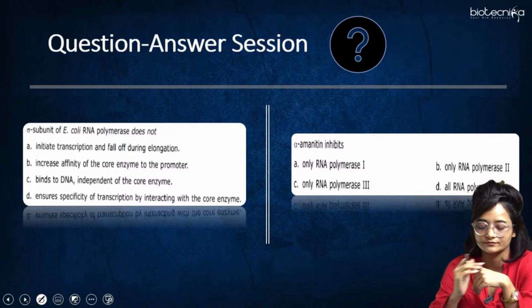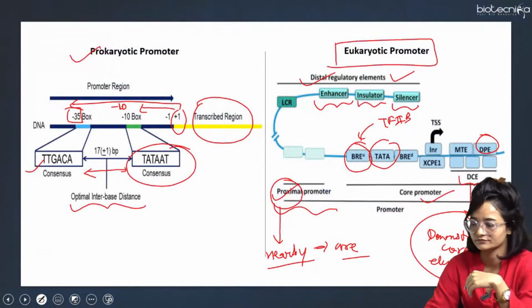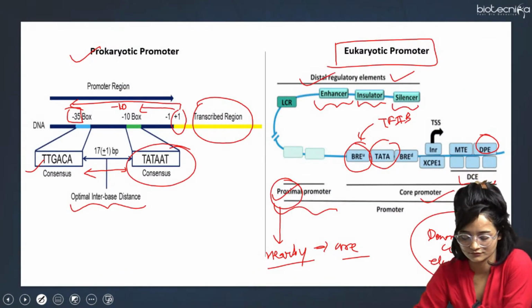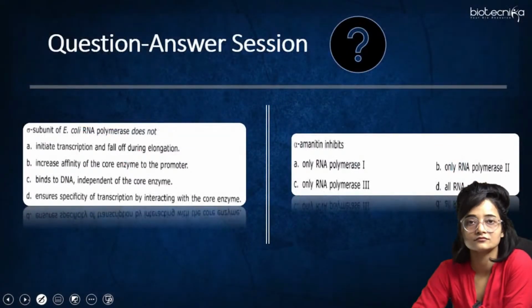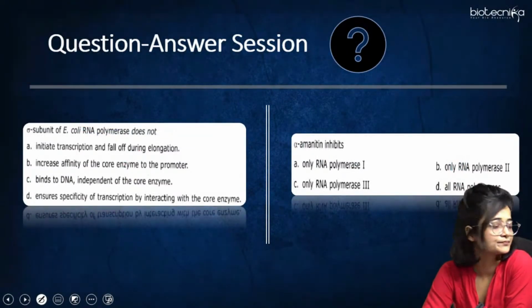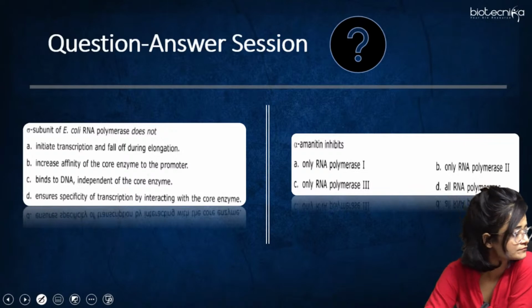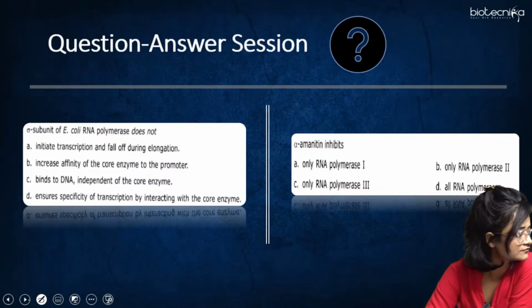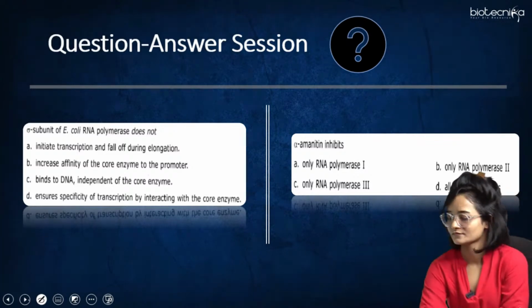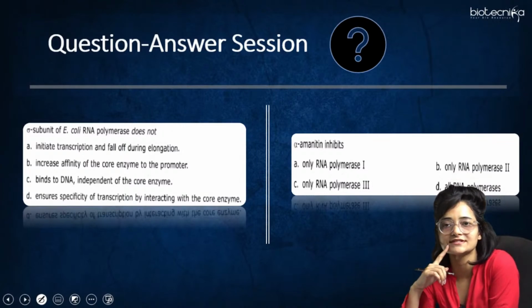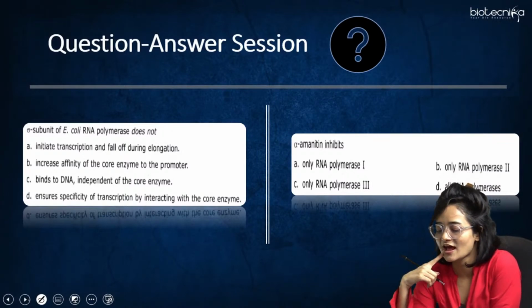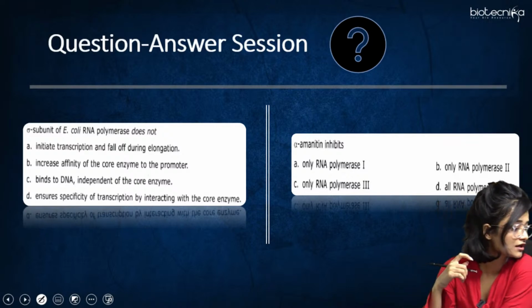Yes, anybody? Yes, so Mahima says about the second question that alpha amanitin inhibits RNA polymerase 1.